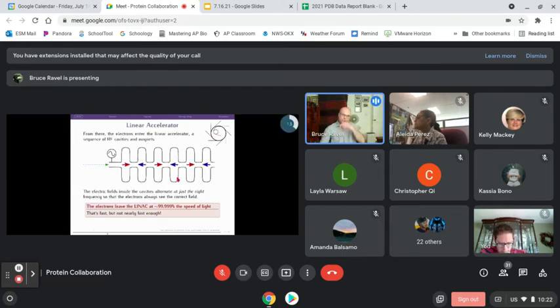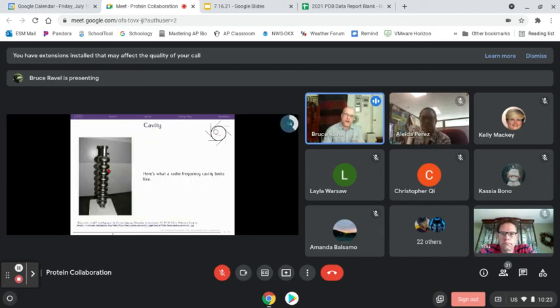And the way it works is the beam of electrons enters into the first cavity of this funny device. And this funny device is sort of like a stack of donuts. The electron beam is going to go through the middle of it.